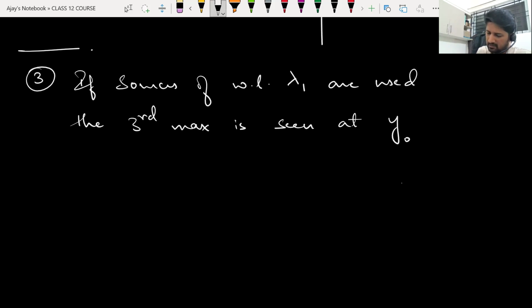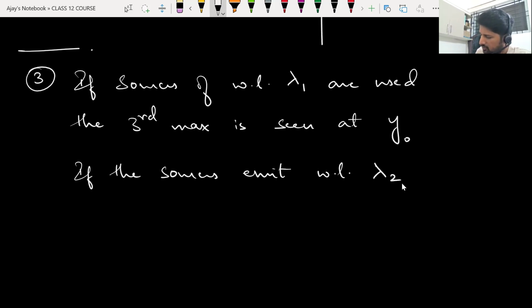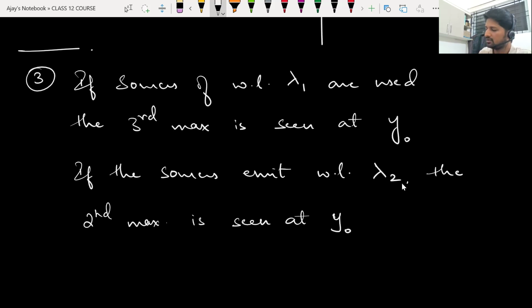Now, if the sources emit light of wavelength lambda 2, the second maximum is seen at the same point y naught, at the same distance y naught, where we used to get the third maximum earlier.